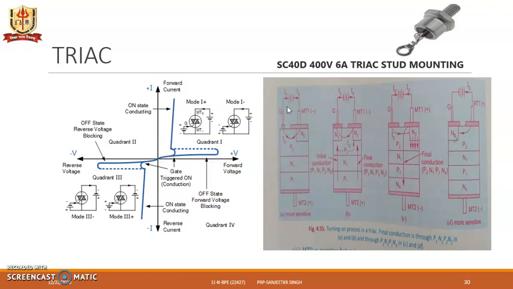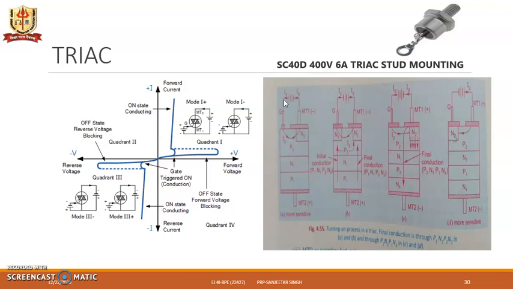With this biasing, we find the initial gate current will be flowing from the gate to the N2 layer and to MT1. This will make the current flow from P1, N1, P2, N2 finally, and it is more sensitive.